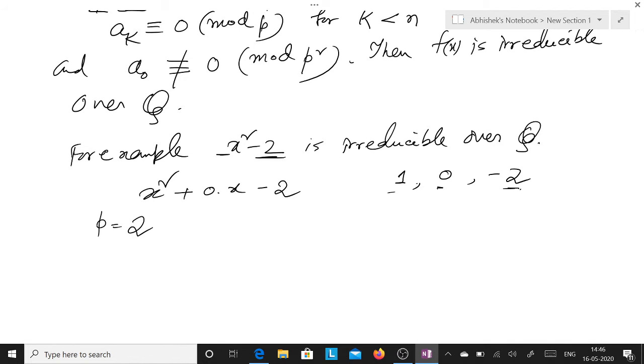And the fact is that it is indeed, because with respect to this prime, we will see that this 2 will not divide the leading coefficient 1, but it will divide 0, it will divide minus 2.